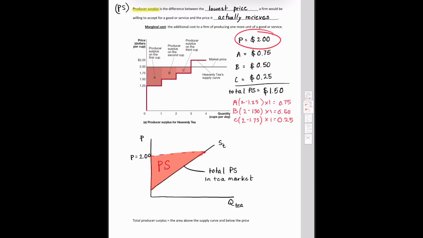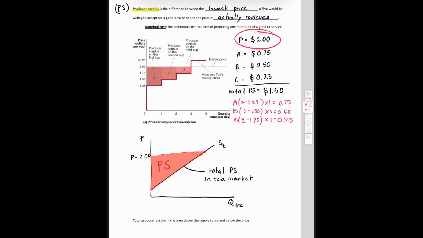Again, total producer surplus in the entire market can be calculated by adding up the producer surplus received in the entire market. So we have shown an upward sloping supply curve, supply of tea here, price $2.